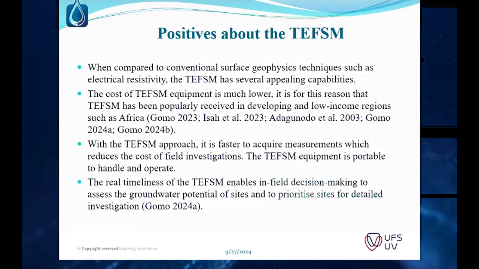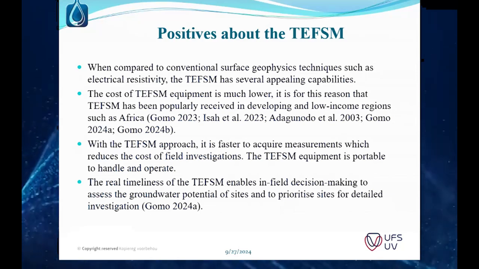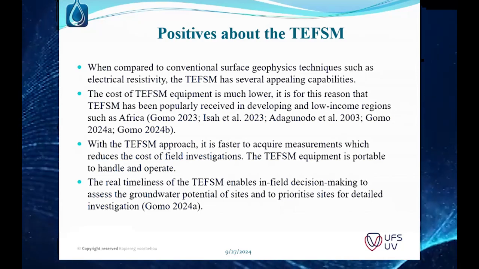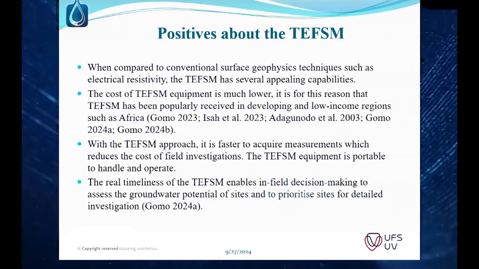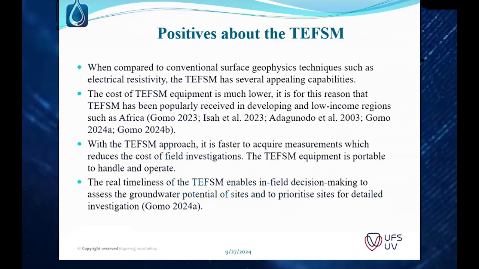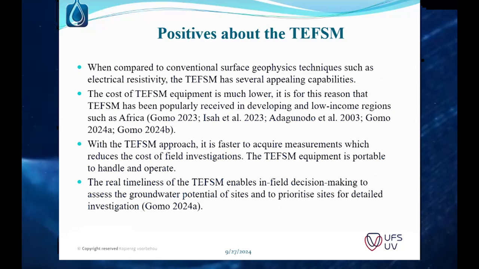The first one is the cost is much lower. Just to give you a quick perspective, for a basic equipment for the telluric electric frequency selection method, we'll probably be talking about not more than 1,000 US dollars. I'm talking of the basics.